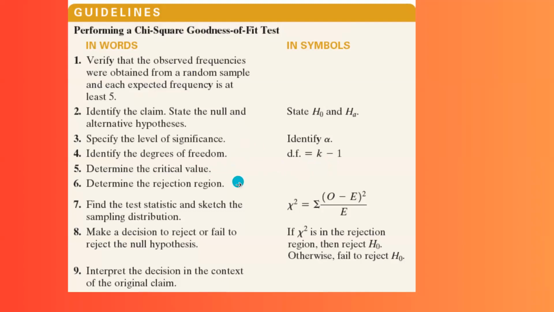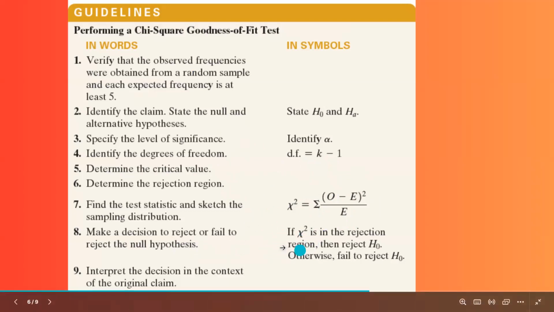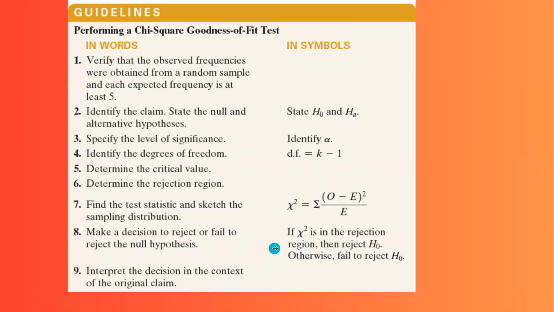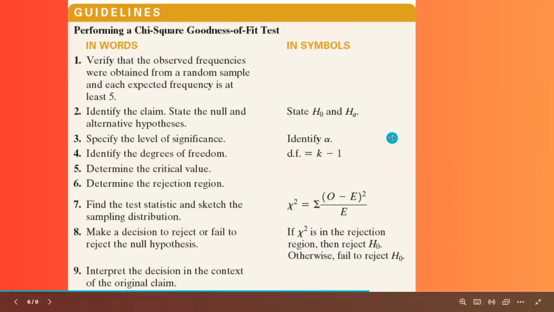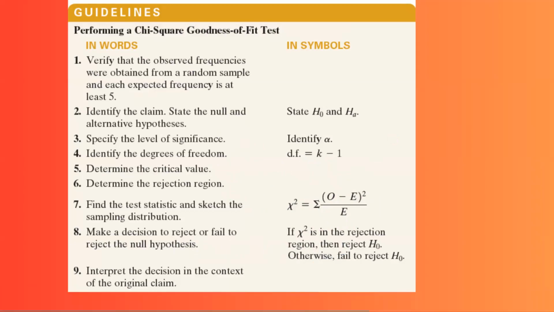You can use your calculator or you can use online websites, determine the rejection region and find out chi-squared, which is the summation of observed value minus the expected value to the second divided by E. Make a decision about the null hypothesis. If chi-squared is in the rejection region, you're going to reject the null hypothesis. Otherwise, you're going to fail to reject the null hypothesis.